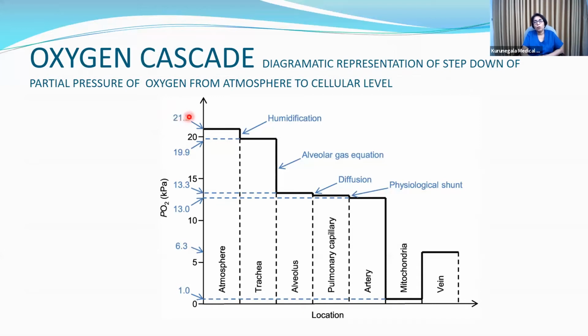As it goes down the trachea, once the carina is passed, there occurs 100% humidification because of the impact of the water vapor, and the partial pressure of oxygen drops to 19.9. When this reaches the alveoli, oxygen partial pressure drops further to 13.3.